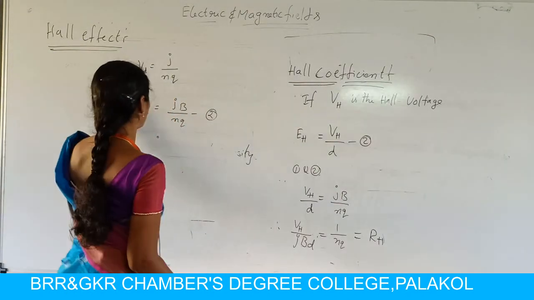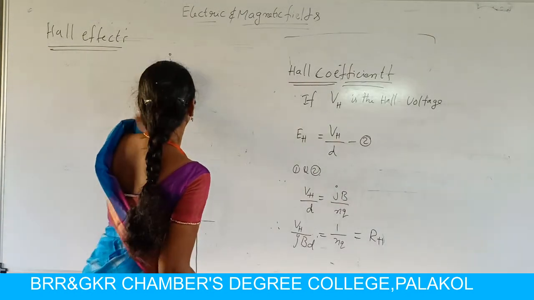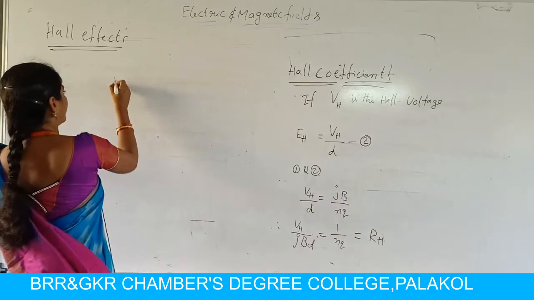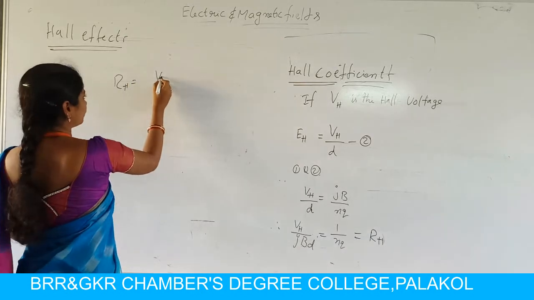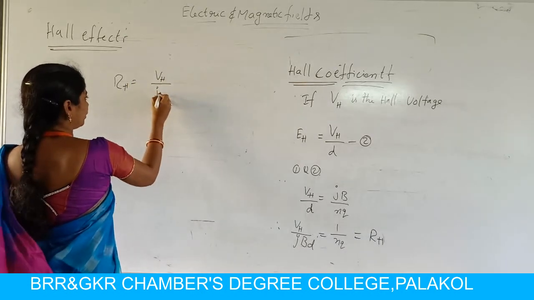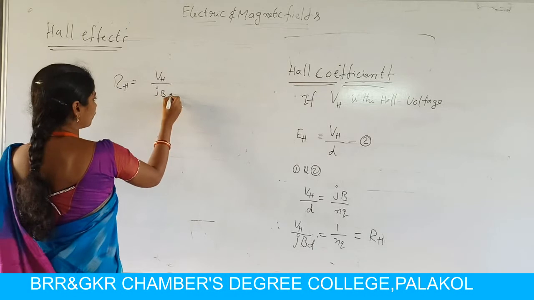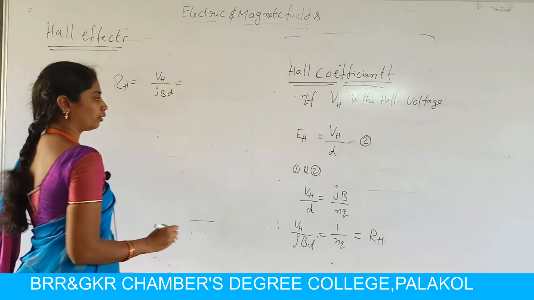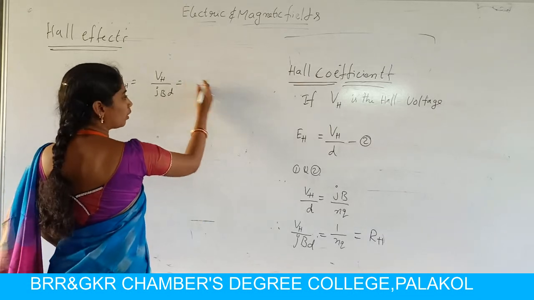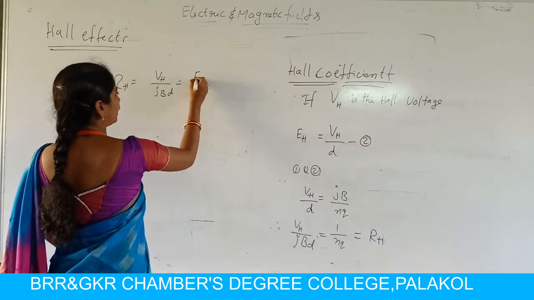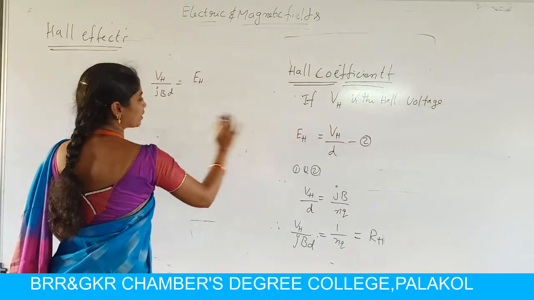This R_H can also be written as V_H by J B d, and V_H by d means E_H.